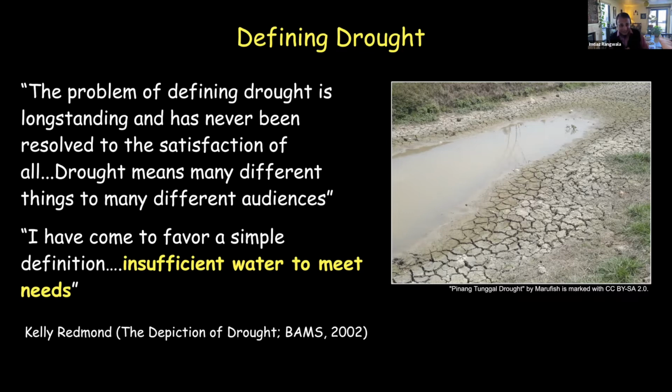In that article, he said he's come to favor a simpler definition for drought: insufficient water to meet needs. That kind of covers everything. But I think in this term, needs is where a lot of details lie. It's where complexity and our lack of understanding lie, especially in the context of ecological processes and impacts. Where is the need for those systems?